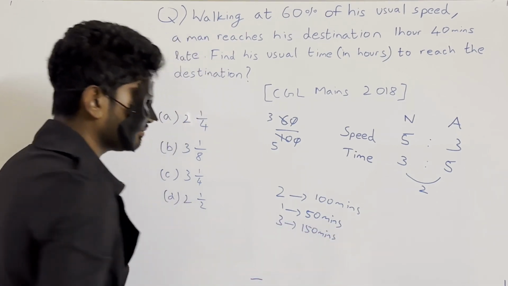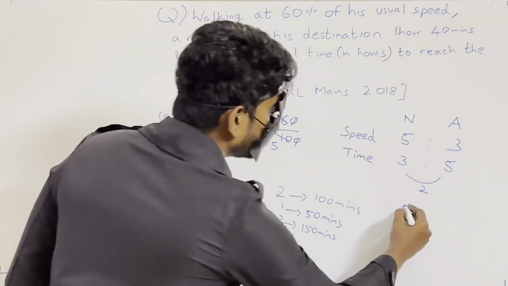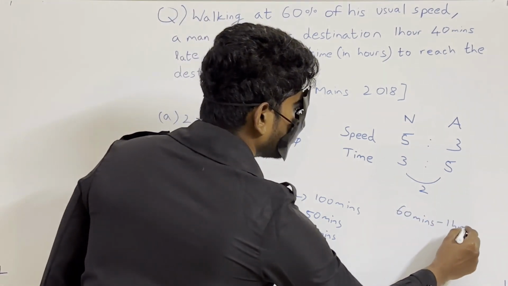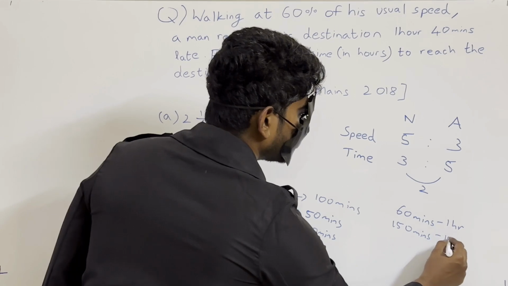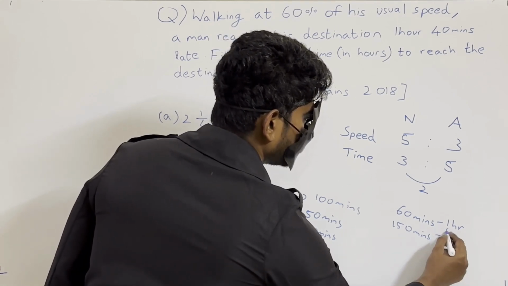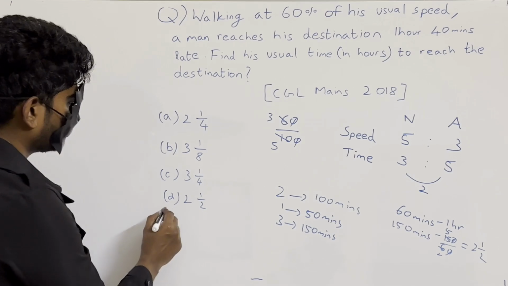You might be having problem in converting from minutes to hours. Some students have it. So 60 minutes is equal to 1 hour, right? So 150 minutes is nothing but 150/60, which is 2 1/2 hours. So option D is right.